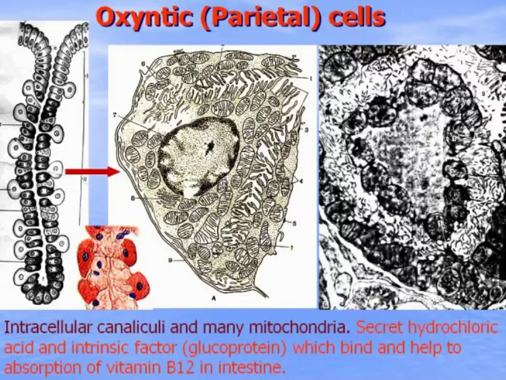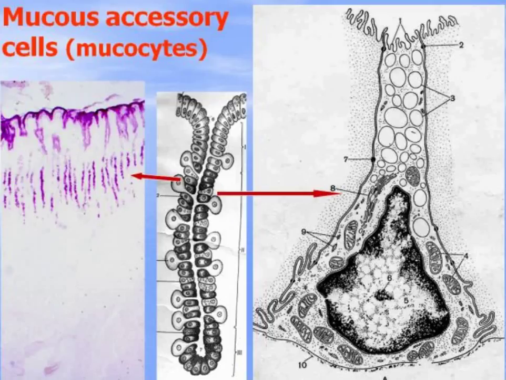Mucous accessory cells or mucocytes are located in the neck of proper glands. They produce the mucous secretion, and they are visible in histochemical preparations for glycoproteins, like epithelium cells.